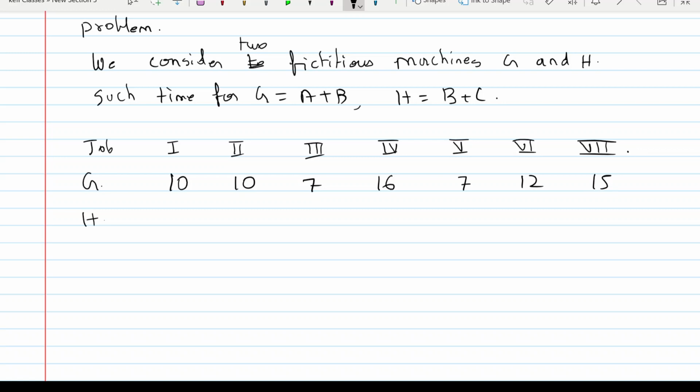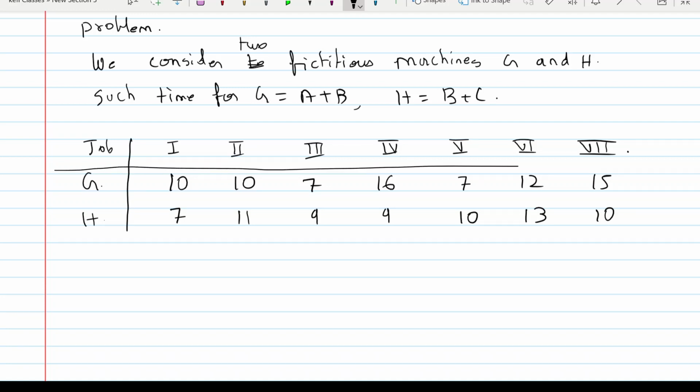And machine H: 7, 11, 7, 11, 9, 9, 10, 13, 10. So we made these two fictitious machines. Now from here we will be finding the sequence. Remember, these two machines are used only to find the sequence, nothing else.